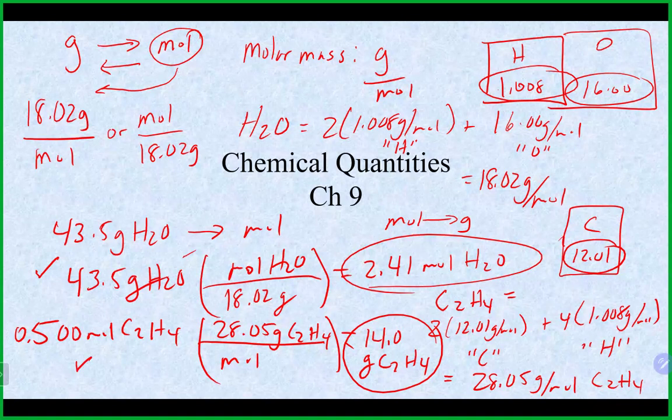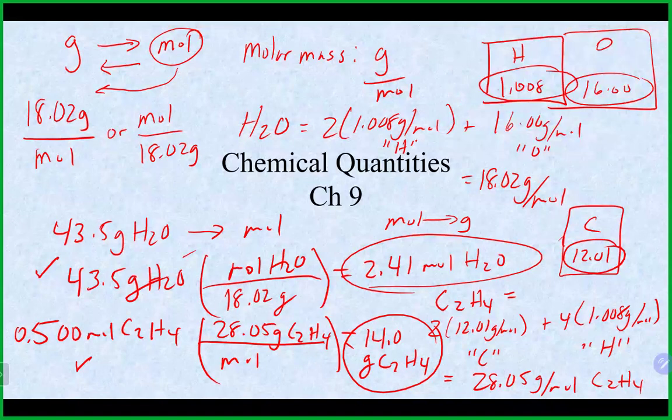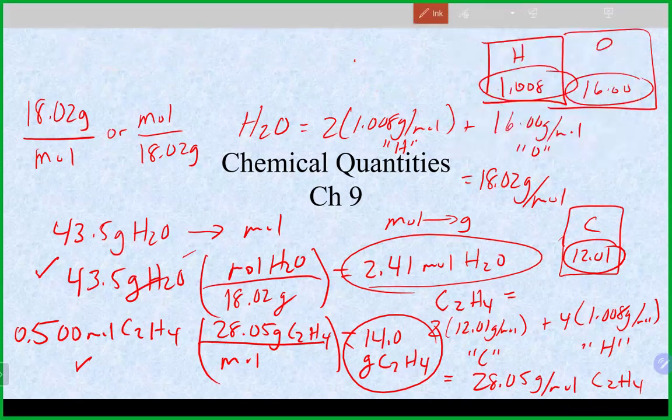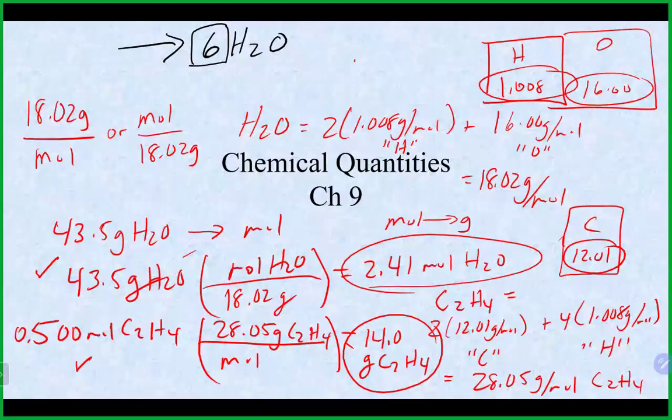Now, a very common mistake that people make, especially when they're doing stoichiometry problems like we will do in this chapter, is they will want to do the molar mass incorrectly. What I mean by that is they will look at, say, an equation that's balanced, and let's just say, for example, on one side of the arrow you had 6 waters. When they go to use the molar mass, they want to incorporate the coefficient, and you should never do that. Molar mass is basically just based off the formula by itself.